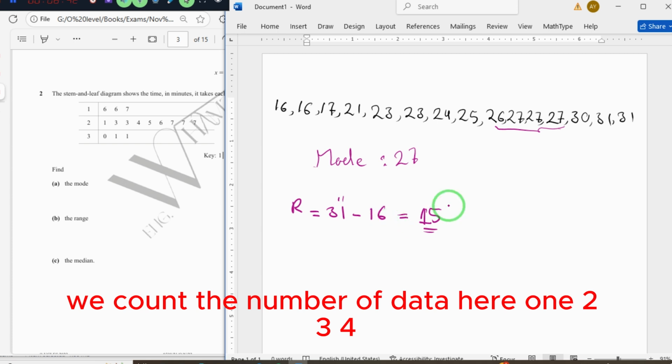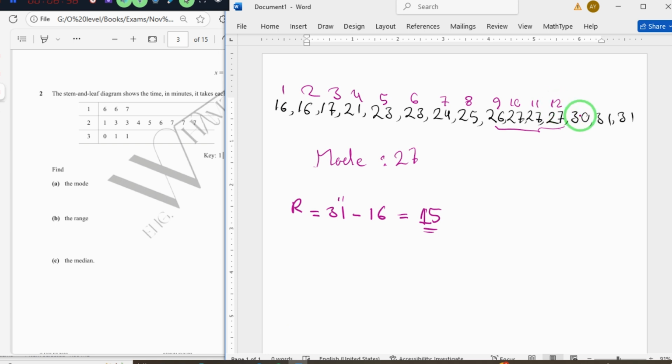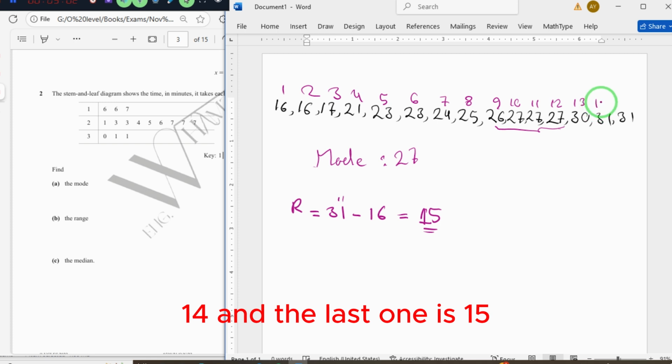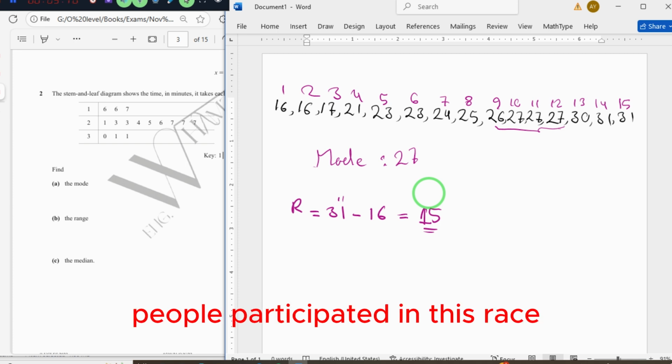The last one is to find the median. We count the number of data: 1, 2, 3, 4, 5, 6, 7, 8, 9, 10, 11, 12, 13, 14, and the last one is 15. So 15 people participated in this race.